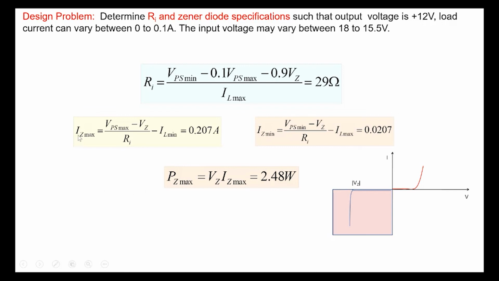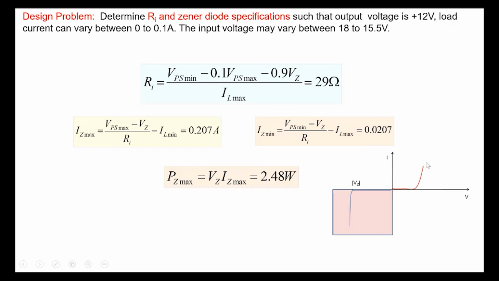And in this case, we've chosen a criterion that the ratio of Iz max and Iz min is equal to 10. We've taken that as an appropriate value and used that to calculate the value of Ri, and use that to determine the proper Zener diode for a particular application here.